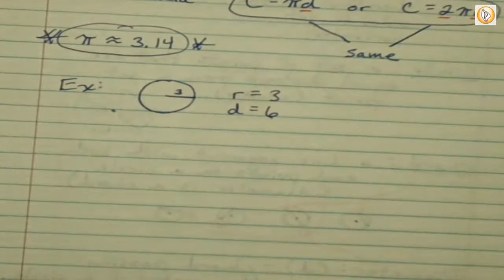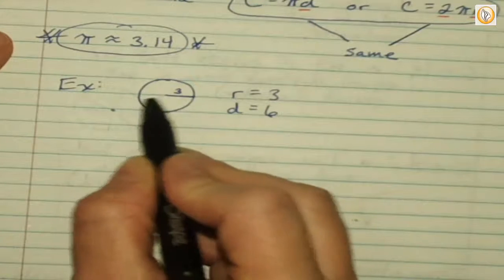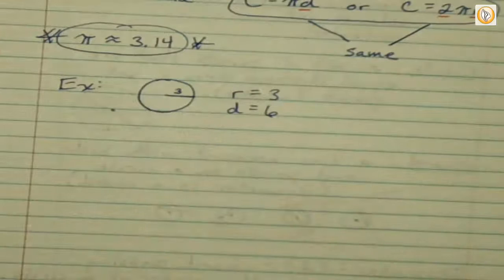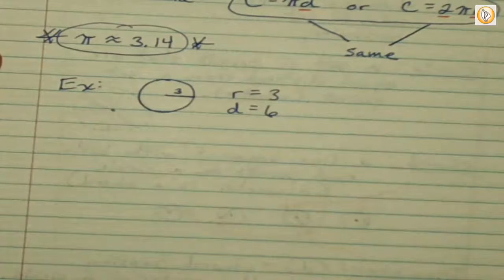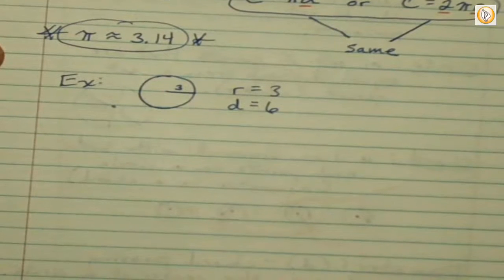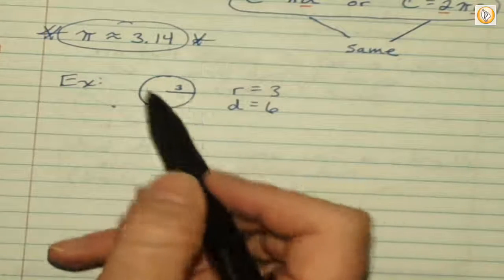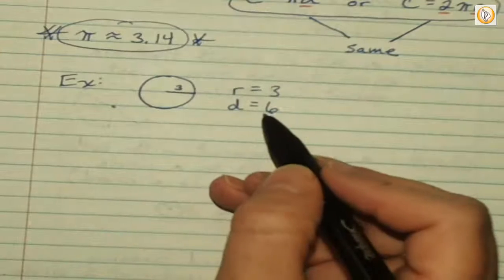Do y'all see that? The diameter is not there, but we know it's 6 because diameter is 2 radii together. So if you know one part of it, then you'll know the other part. Very good. So in this case, you could use either formula because even though they just gave you the radius, you know what the diameter is.